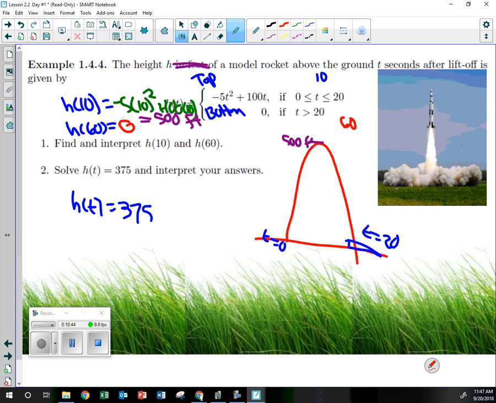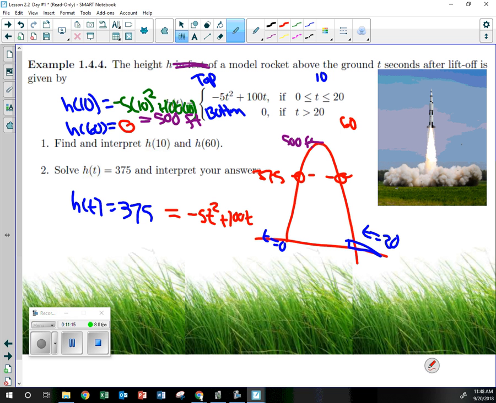Solve for h of t equals 375. Now, do we put 375 in for t? No, this is the height. This whole thing is 375. We set that equal to, does it make sense setting it equal to 0? No. It's somewhere up here, so here's 375. I think it's going to be in two places. We'll see if that works. At 375, it should be negative 5t squared plus 100t.